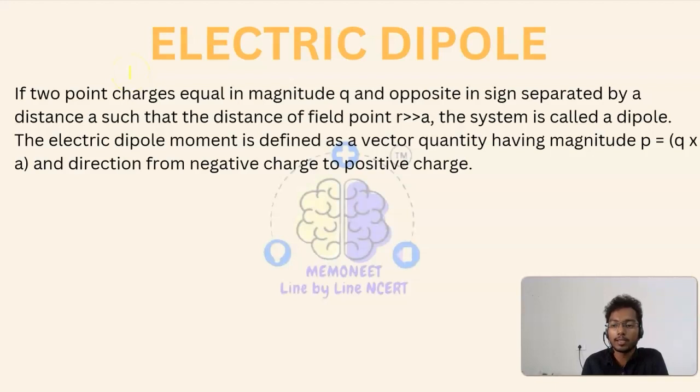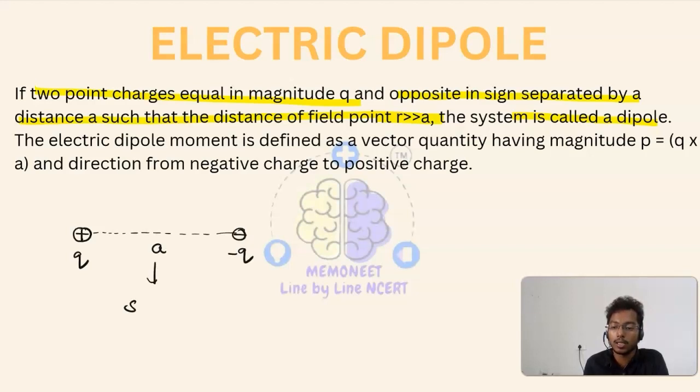If two point charges equal in magnitude q and opposite in sign are separated by a distance such that the distance of the field point r is greater than a, the system is called a dipole. So what does it mean? Let's say we have a positive charge q here and a negative charge, minus q, here. They are separated by a small distance, that is a.